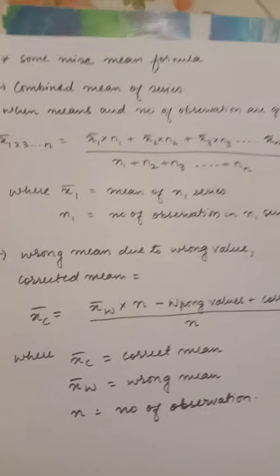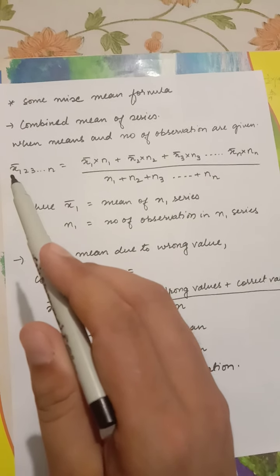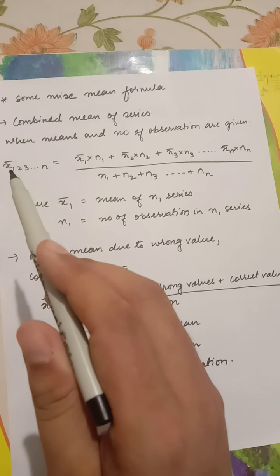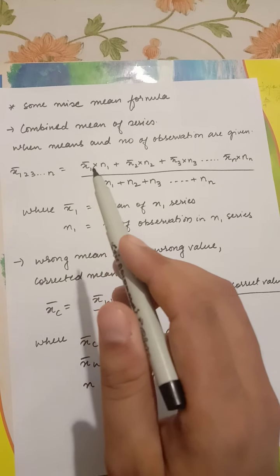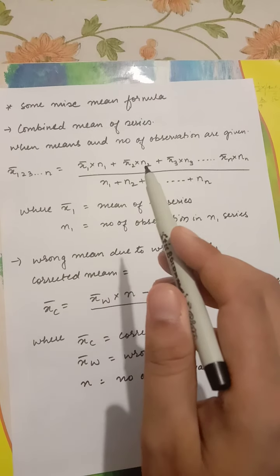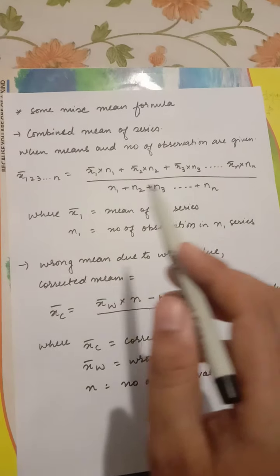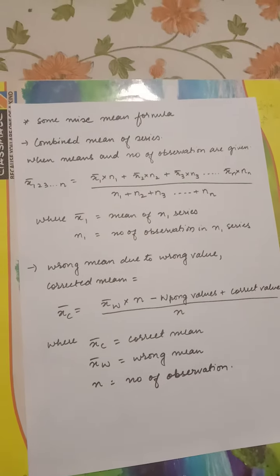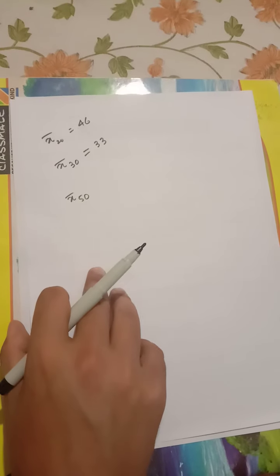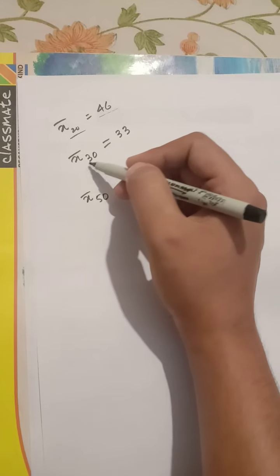To find this combined mean, we apply this formula. The combined mean of series 1 and 2 is the mean of the first series multiplied by its number of observations, added to the mean of the second series multiplied by its number of observations, and dividing it by the total number of observations, n1 plus n2. Clear? Let's make it clear with an example. The mean of 20 observations is 46 and of 30 observations is 33.